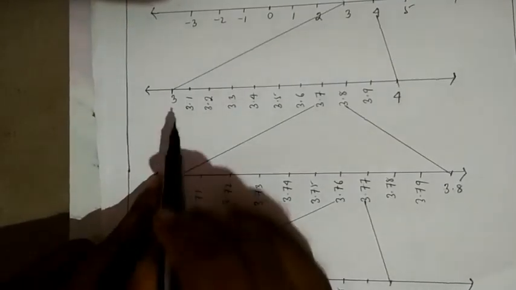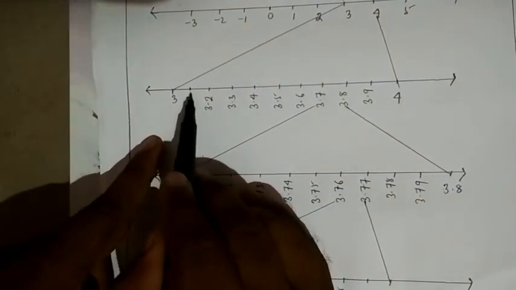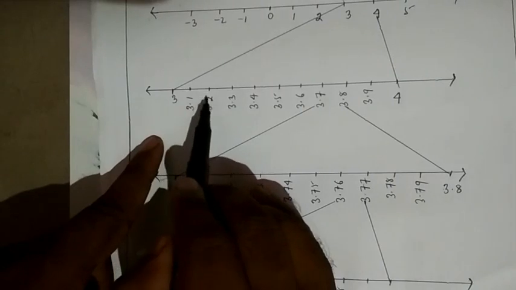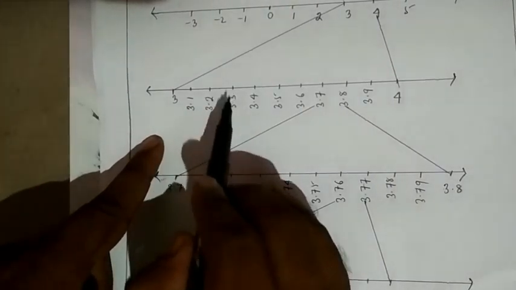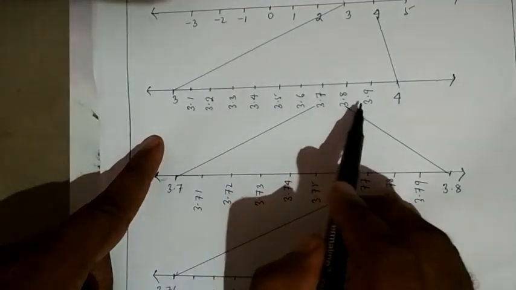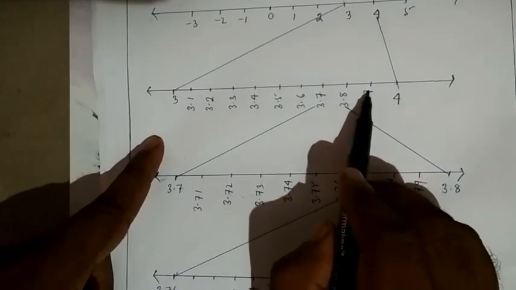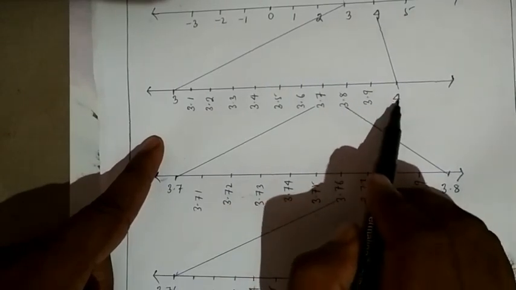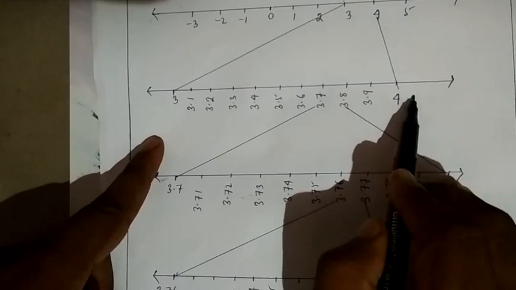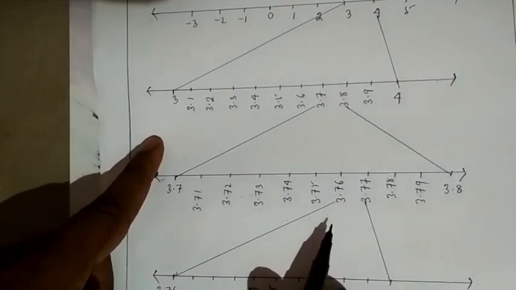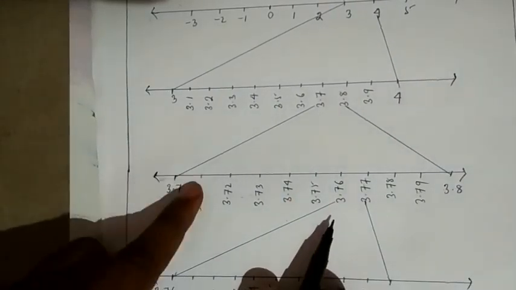Right from 3 you will get 3.1 as the first part, second part 3.2, 3.3 and so on up to 3.9 and 4. After 4 you will get 4.1, 4.2 like that, and so on.